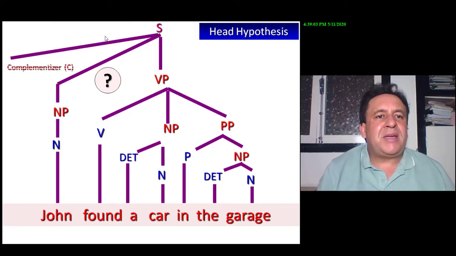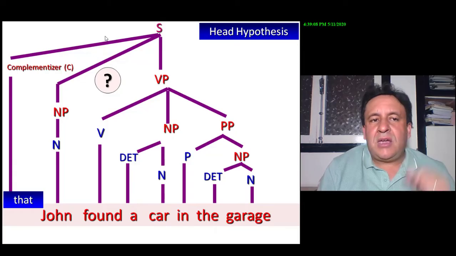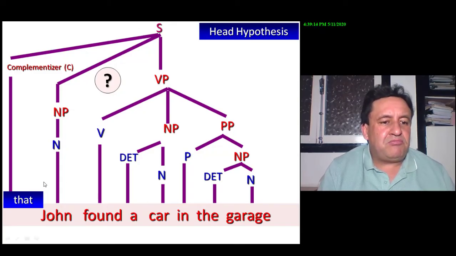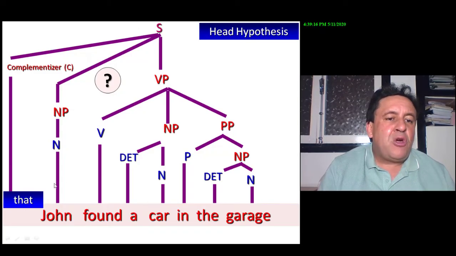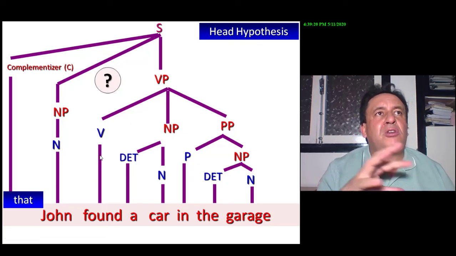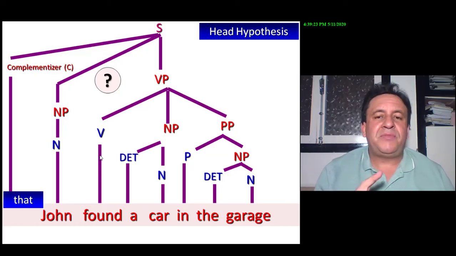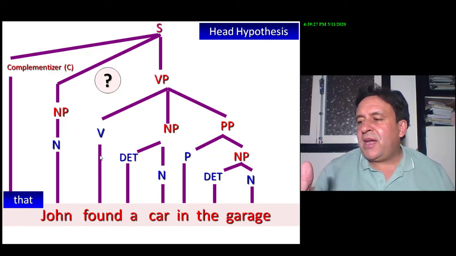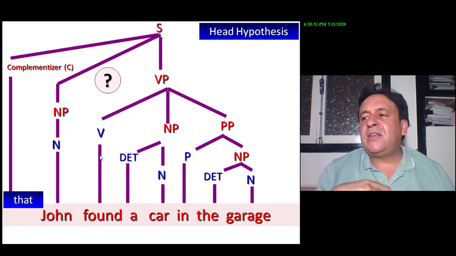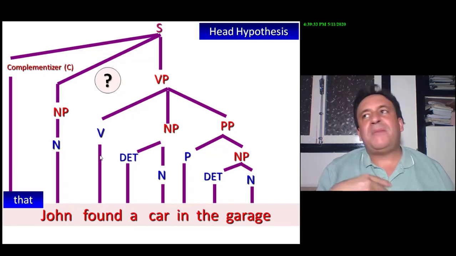One way of doing it is by adding another branch in which we point out the complementizer, and we say that the complementizer can potentially be that. Of course, in the English language, root clauses that are not embedded clauses are not introduced with the complementizer. I cannot say, for example, instead of I'm happy today, that I'm happy today.